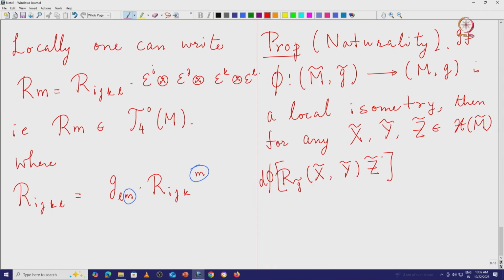So push forward via the derivative map, that's the same as R_g of the push forwards, applied to d phi of Z.